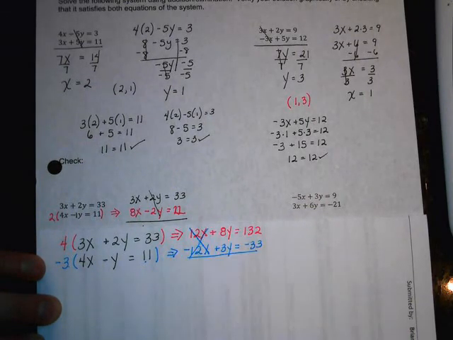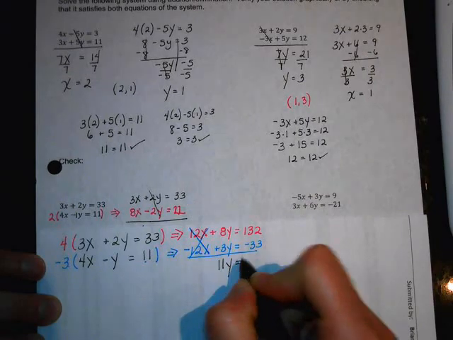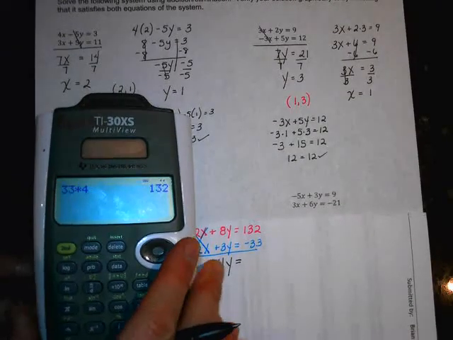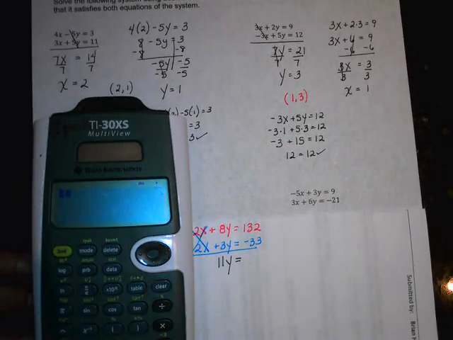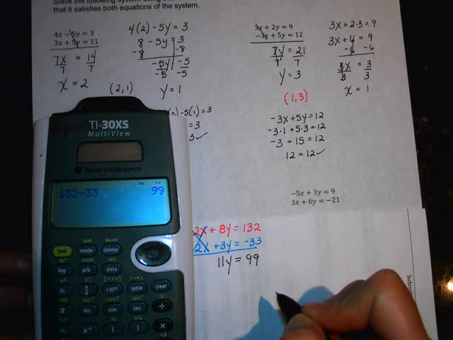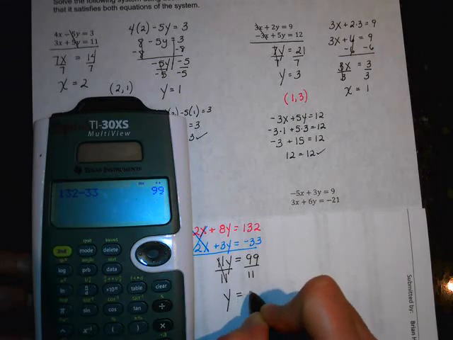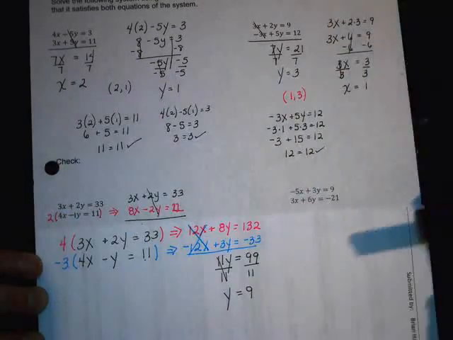And then we'll have 11y equals, I need our calculator, I'm not doing any of this in my head, 132 minus 33 is 99. So then if we solve for y, we would divide by 11, and then there's your y equals 9, right? Which I think was what we got before, yep.